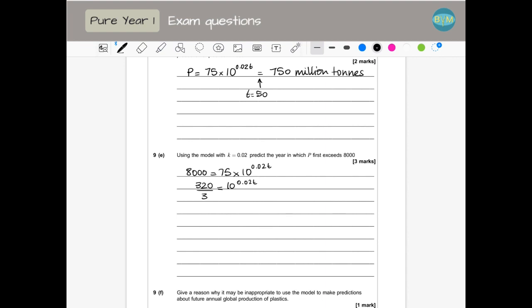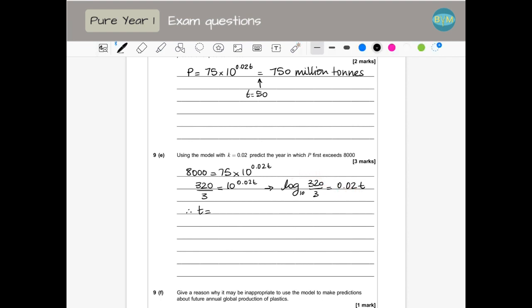And now I'm going to take logs, so I can rescue my t from the exponent. Taking logs, I have log to the base 10 of 320 divided by 3, and log to the base 10 of 10 to the power of something is going to be the something. So t is going to be this value with the calculator divided by 0.02.